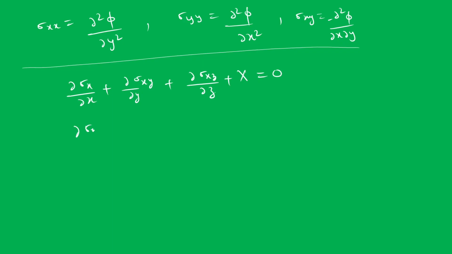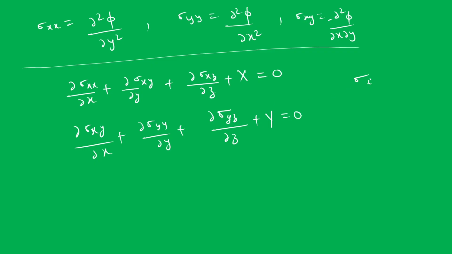Similarly, we have another: dou sigma yx by dou x plus dou sigma yy by dou y plus dou sigma yz by dou z, plus body force in y direction equals 0.